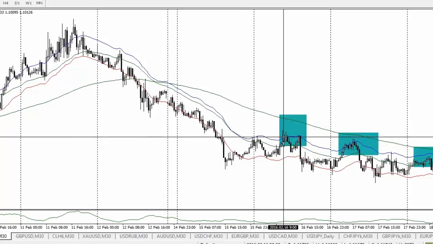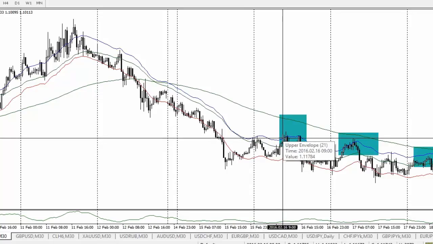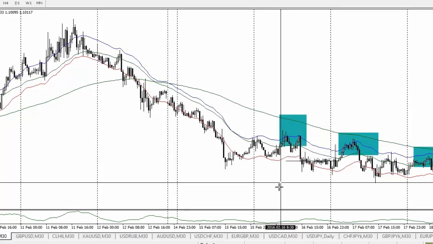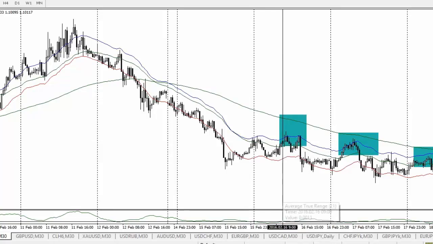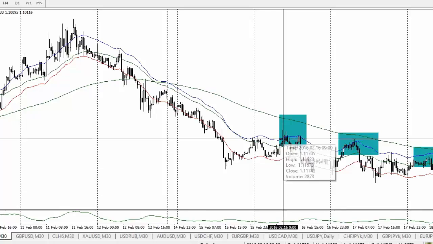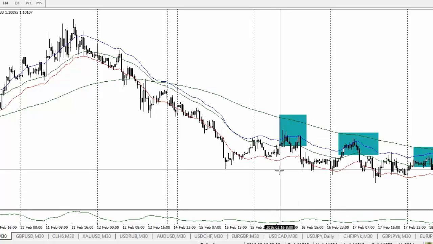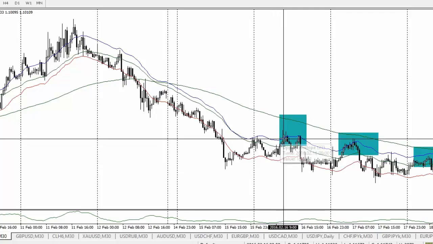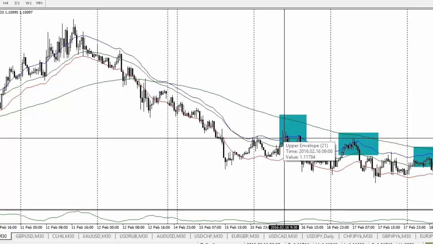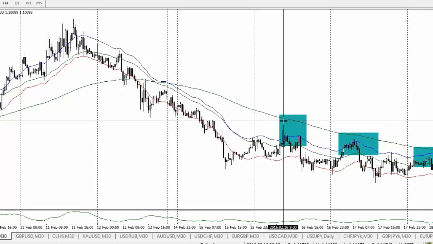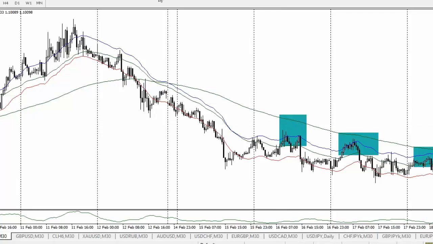Once the market touches the upper band of the envelopes, it is 1.1178, and my ATR parameter is 11 pips. So I want to multiply it by 2 and get 22 pips. My stop equals 22 pips. So if my entry point is 78, I add 22 pips and I get possibly 1.12, right? That's my stop loss level.